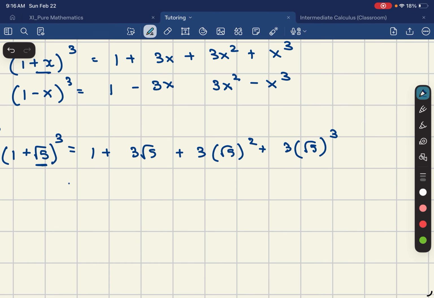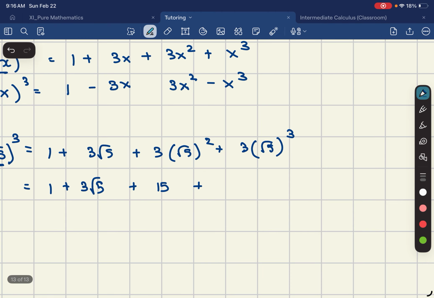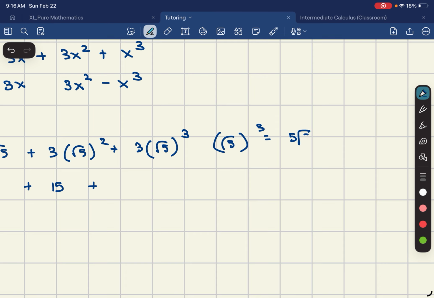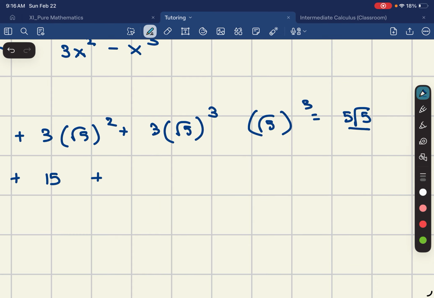And when I simplify, I get 1 plus 3 root 5 plus 5 3s are 15, right? Plus root 5 cubed. Root 5 cubed is going to be 5 root 5. You can try to figure out why that is, but I'll leave that to you. So 5 3s are 15, you're going to get 15 root 5.